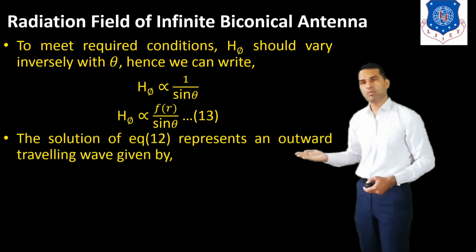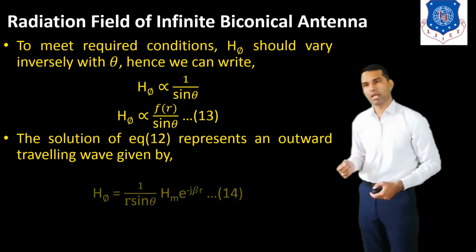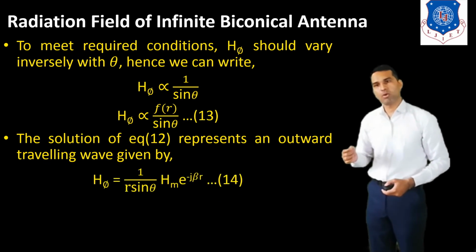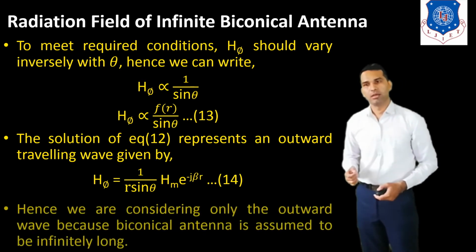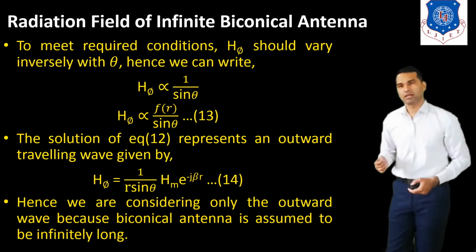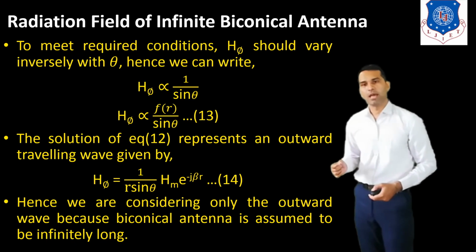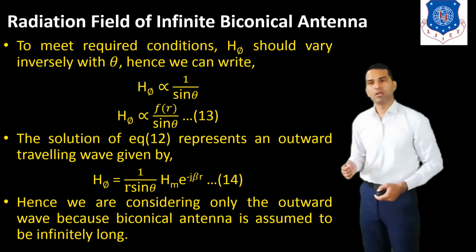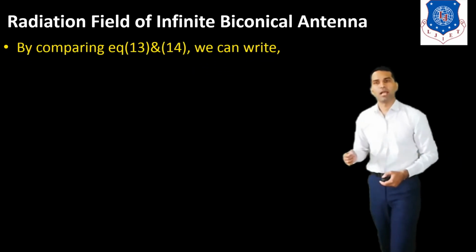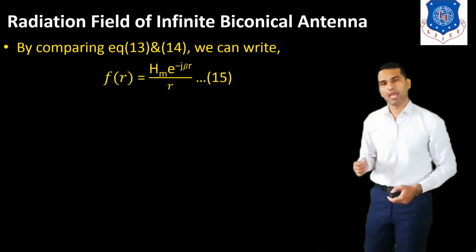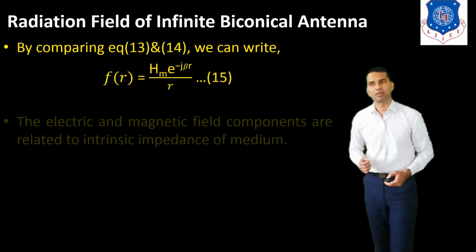The solution of equation number 12 represents an outward traveling wave given by H phi is equal to 1 upon r sin theta, Hm e raised to minus j beta r. Hence, we are considering only the outward wave because the biconical antenna is assumed to be infinitely long. By comparing equation number 13 and 14, we can write F r is equal to Hm e raised to minus j beta r upon r.